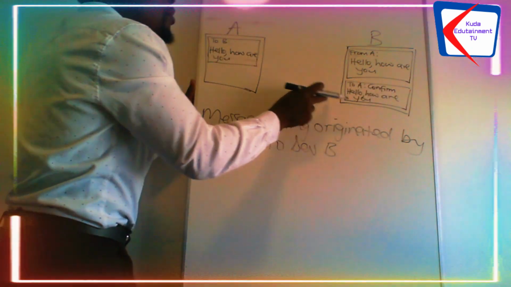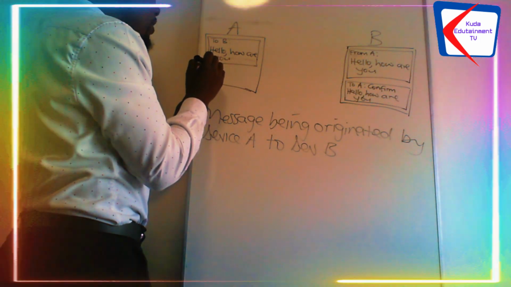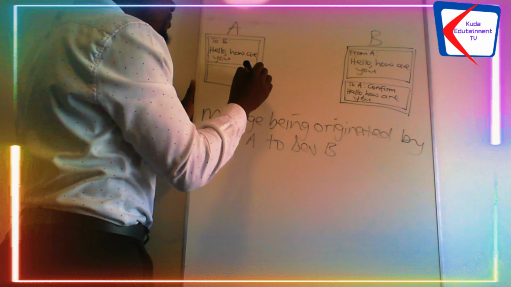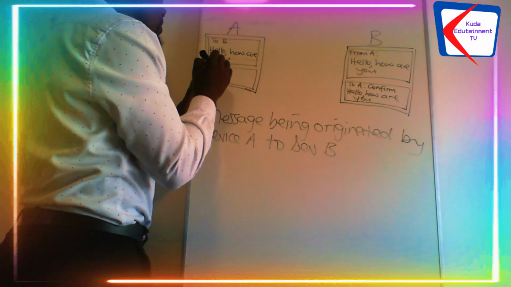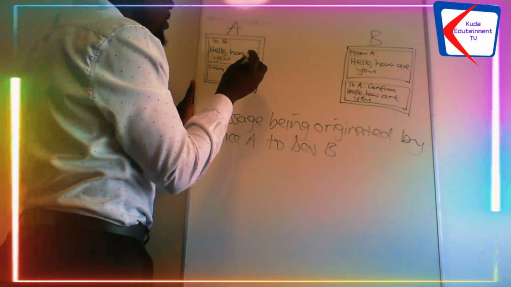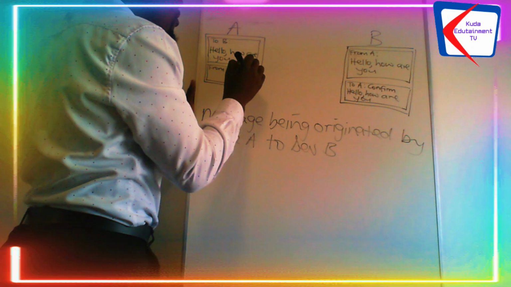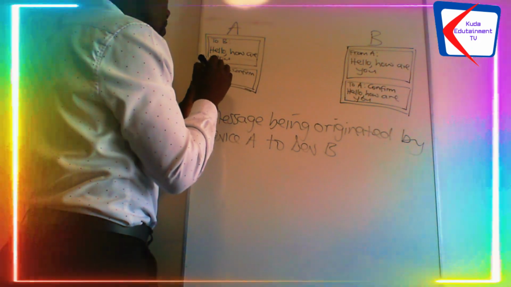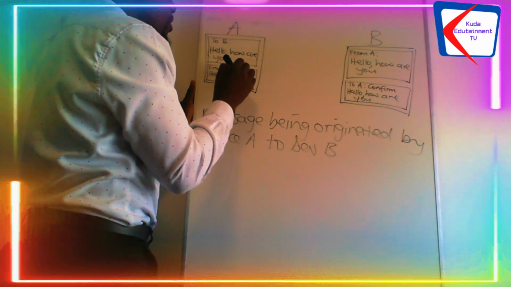This message will now be received by the sending device, which is device A. So this is now from B, maybe labeled confirmation: hello, comma, how are you?